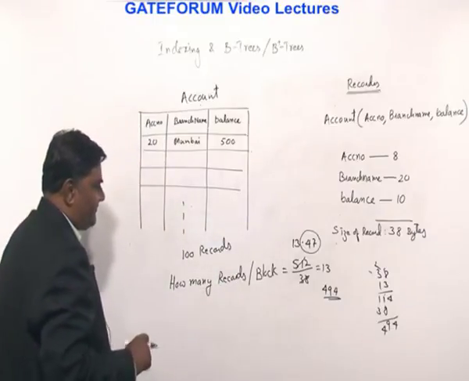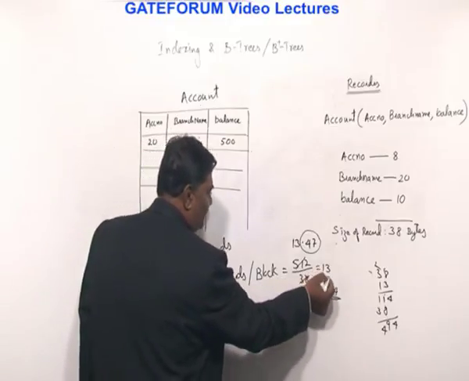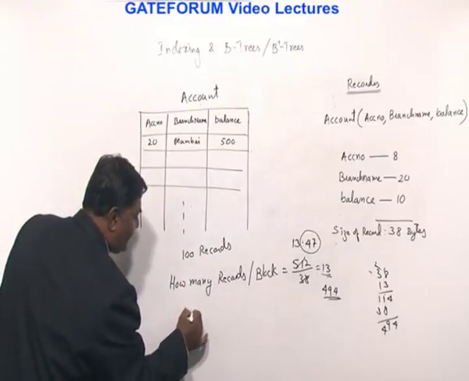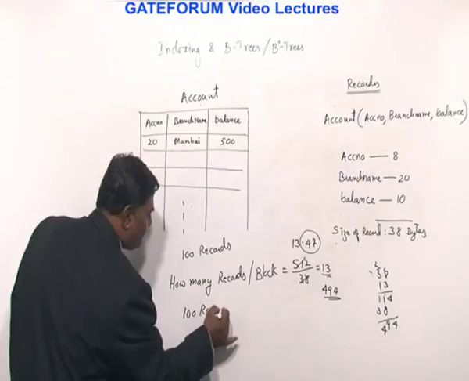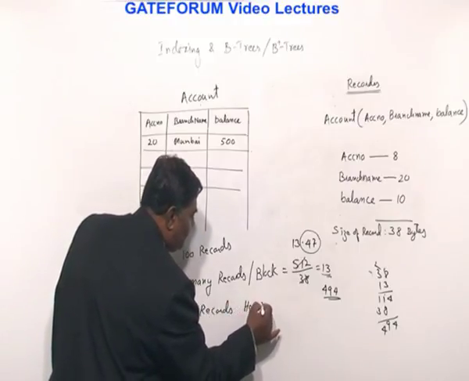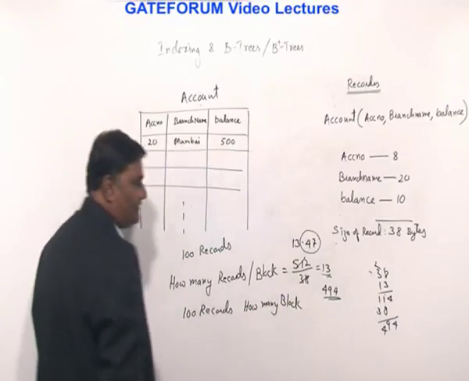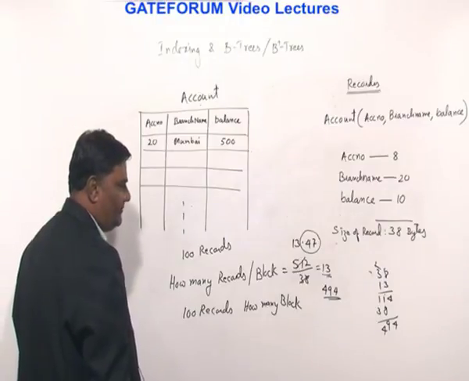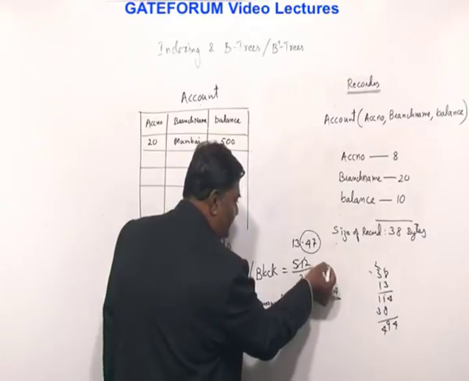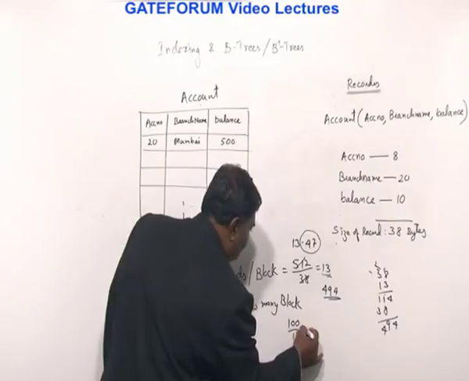Now next, what we have seen is how many records can be stored per block. So 13 records can be stored per block. Now the question is, 100 records can be stored in how many blocks? Each block can store 13 records. So 100 divided by 13.